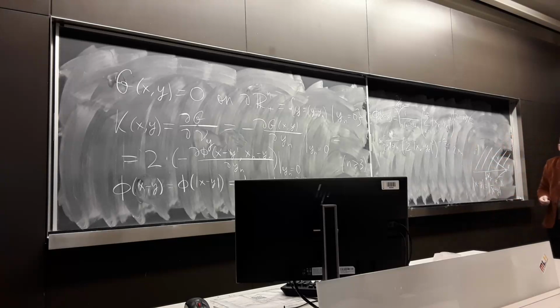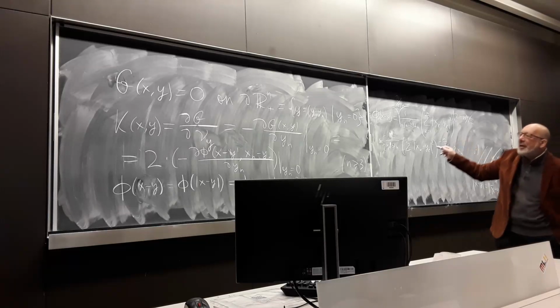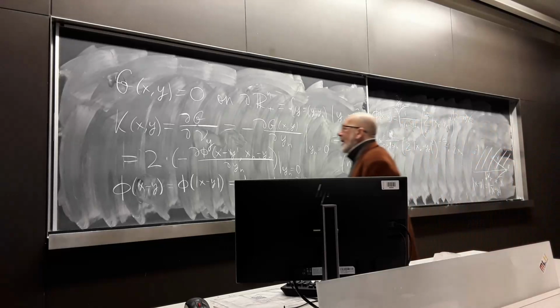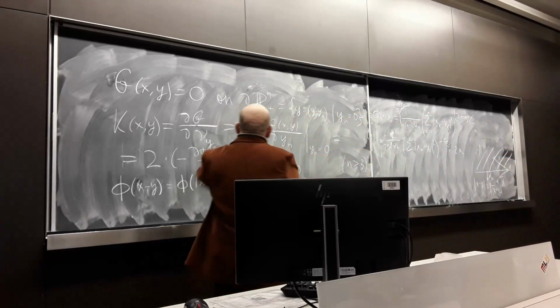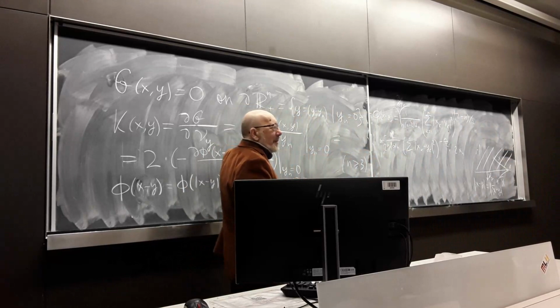Yes, sir. Do you need to put minus before? Excuse me? Do you need to put minus? But the formula for 3 dimensions is minus 1 over. No, I find the derivative and then I insert this.